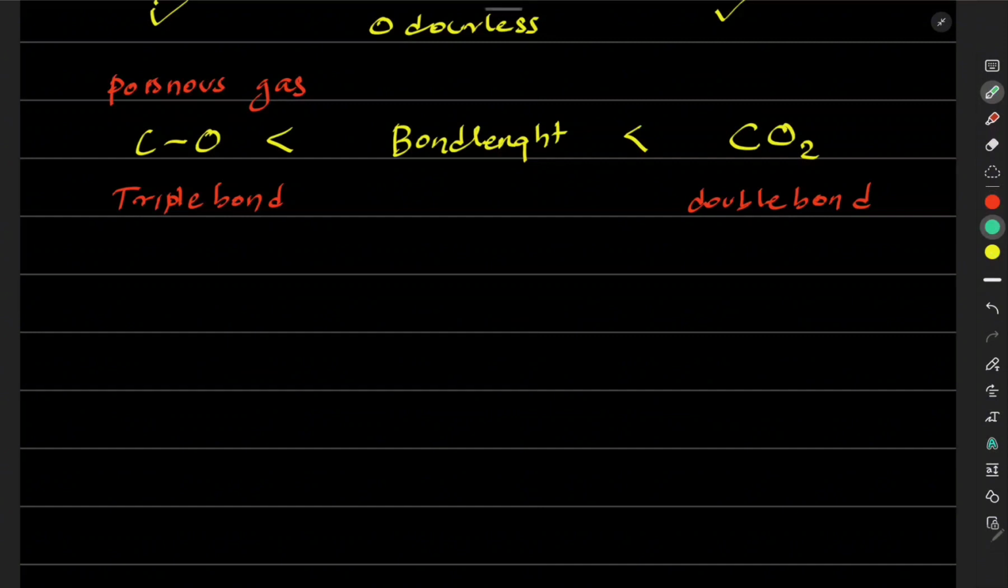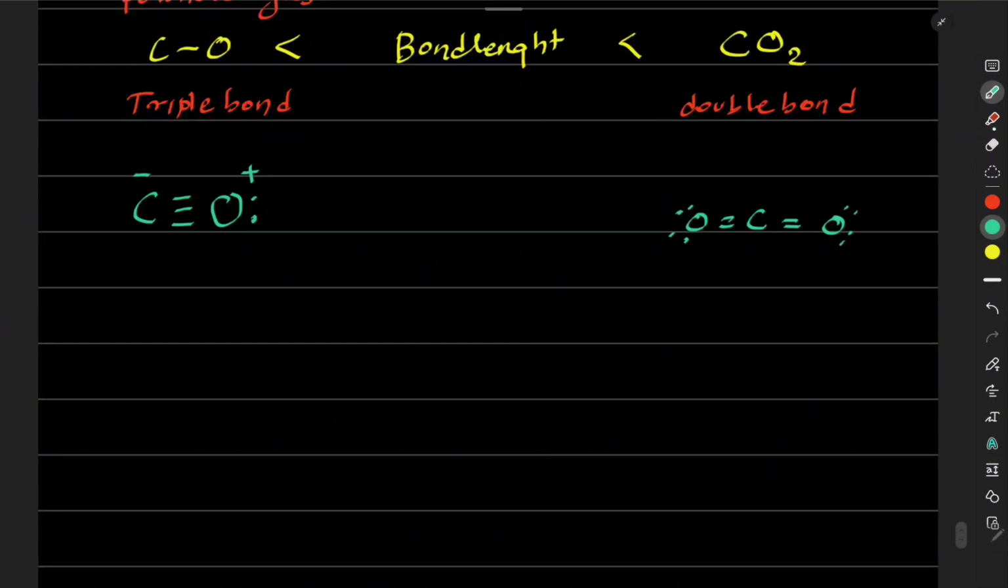The carbon monoxide structure is like this: carbon, triple bond, oxygen, with minus and plus charges. This is the structure of carbon monoxide, and this is the structure of carbon dioxide. The reason for this carbon monoxide structure is that they form dative bonds.